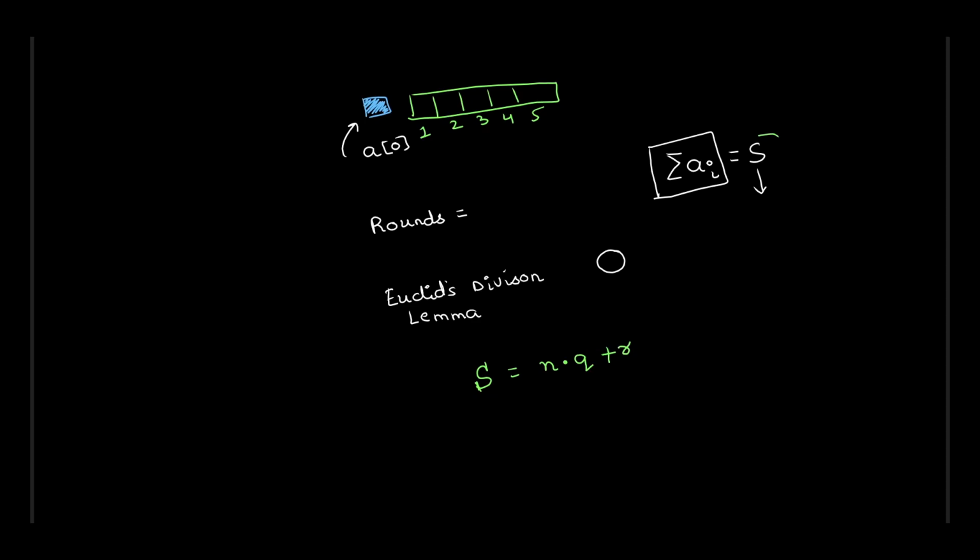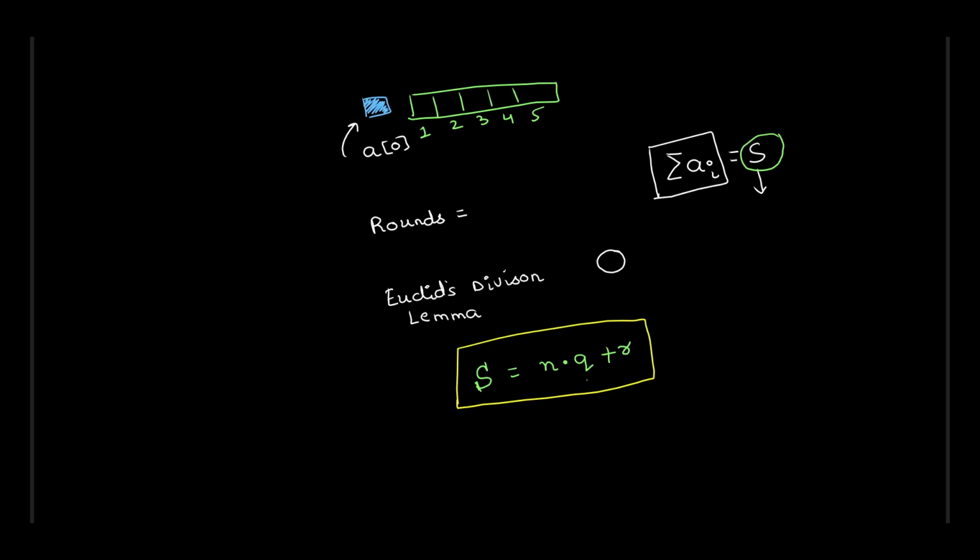We know the total number of balls that has to be consumed and the total number of persons that exist, which is equal to n. So this is what Euclid's division lemma says. S is equal to n into q plus r.